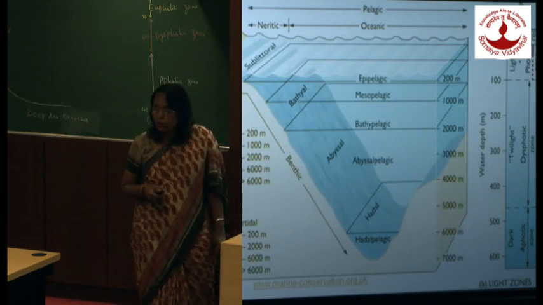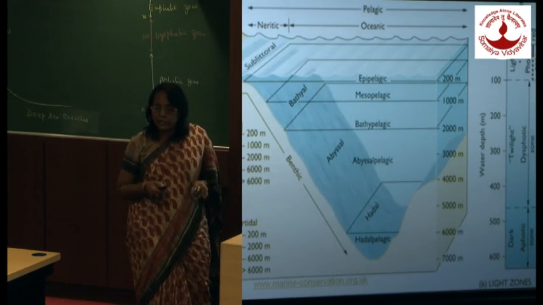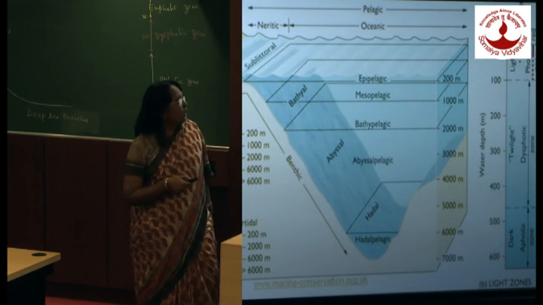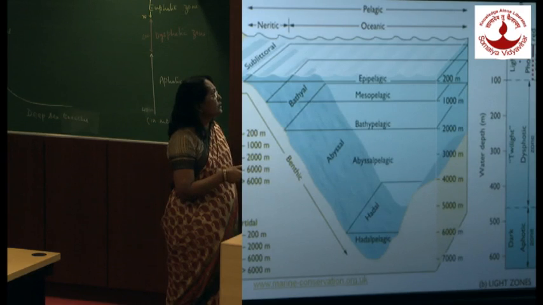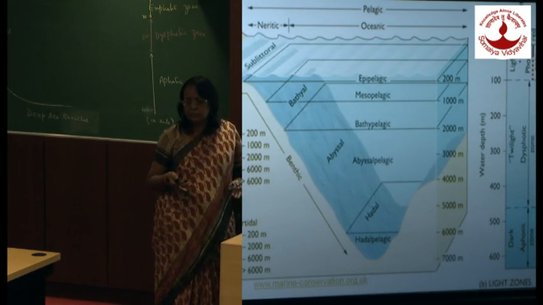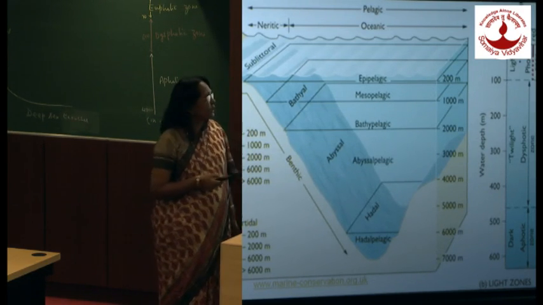Now euphotic zone, eu is good, photic is light. So the area where there is good penetration of light, we call it as euphotic zone. Alright. Or photic zone is the well lit area, that is photic zone.